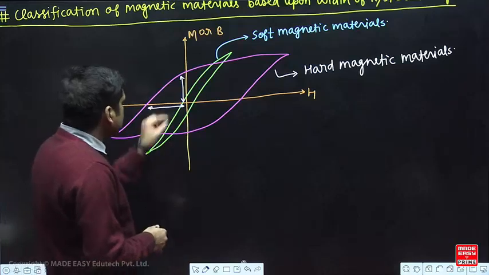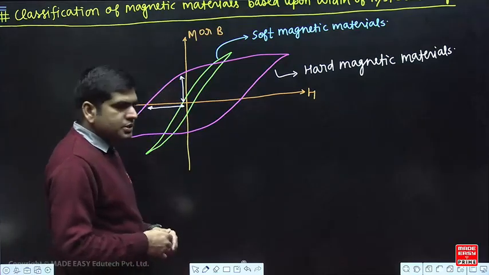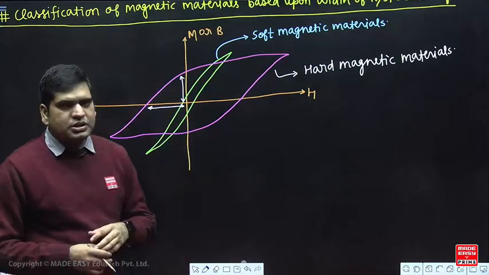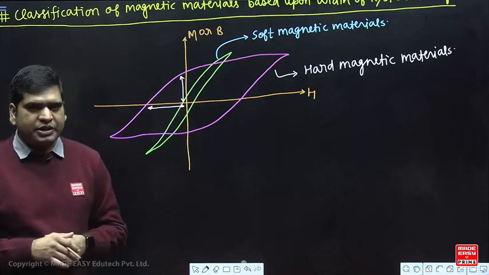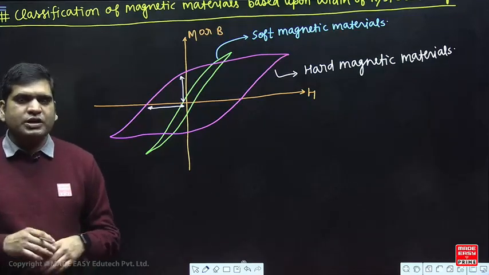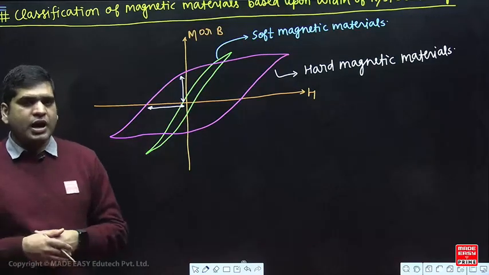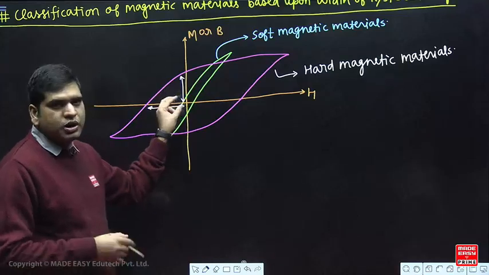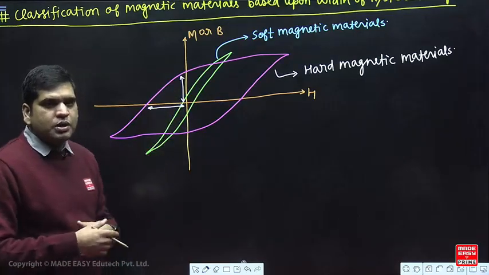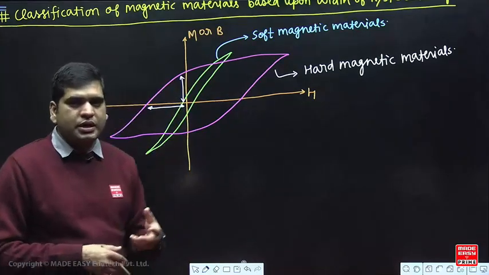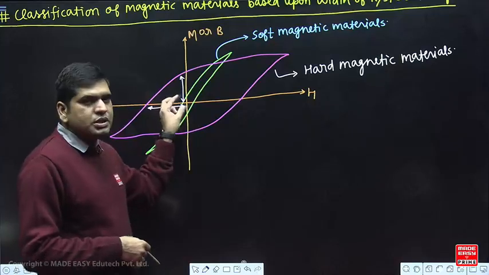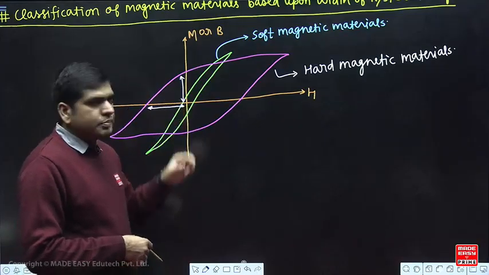In the other case, you see retentivity and coercivity are very small. So soft magnetic materials can be easily magnetized and demagnetized. So they can be used for rapid switching. They can be used for high frequency applications, like in computers, because the speed of the processor is in gigahertz. So for high frequency applications, we will prefer these materials.